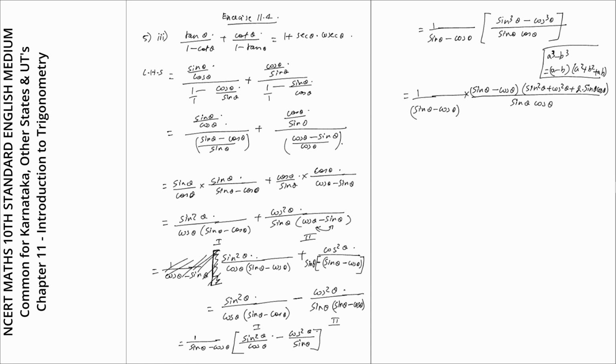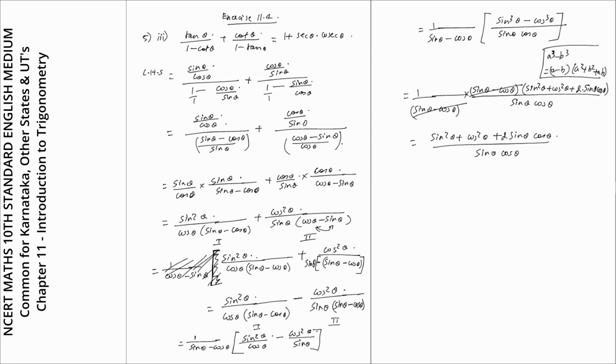Now here sin theta minus cos theta will get cancelled. Now I am left with sin square theta plus cos square theta plus 2 sin theta cos theta by sin theta cos theta.